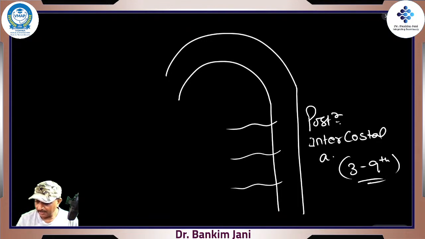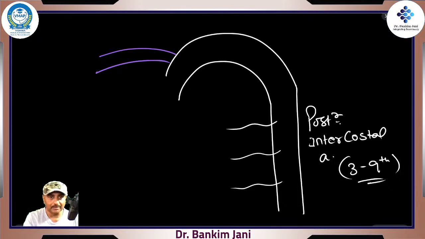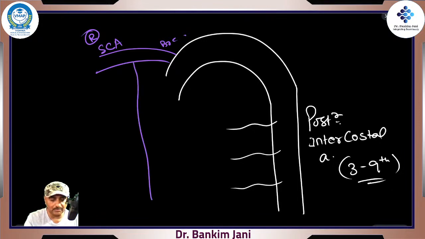What about the anterior ones? One of the branches was the subclavian, because the brachiocephalic leads to that subclavian artery. This is the right subclavian artery. From the subclavian artery it comes down, and this long one is the internal thoracic artery.